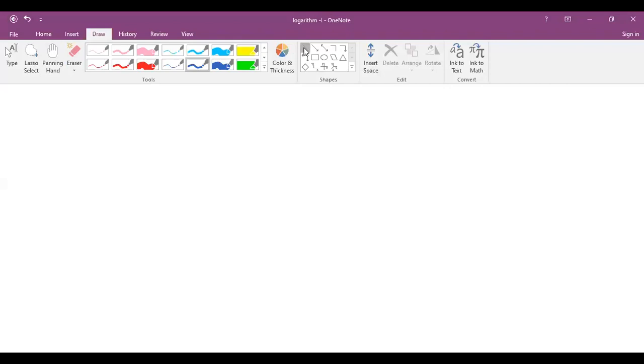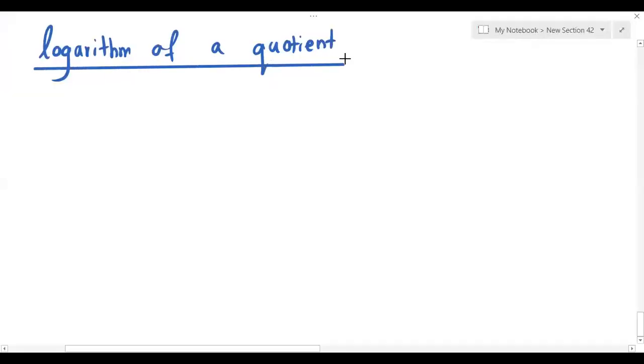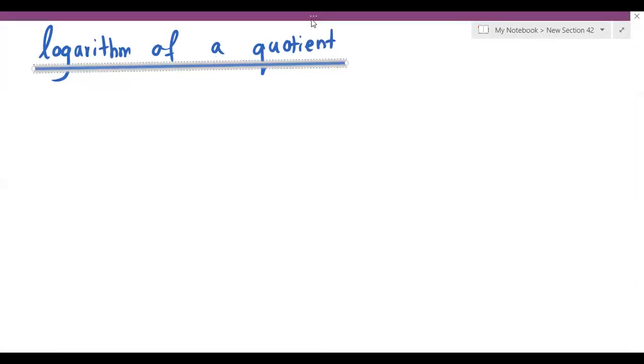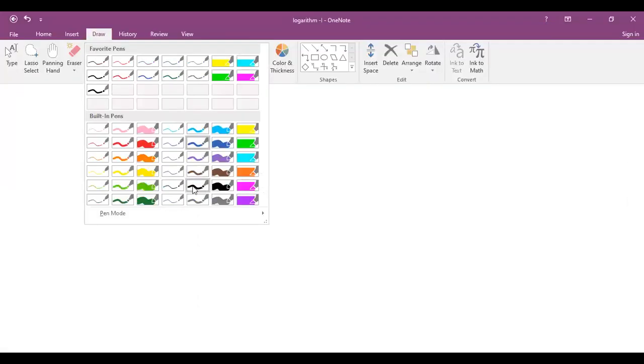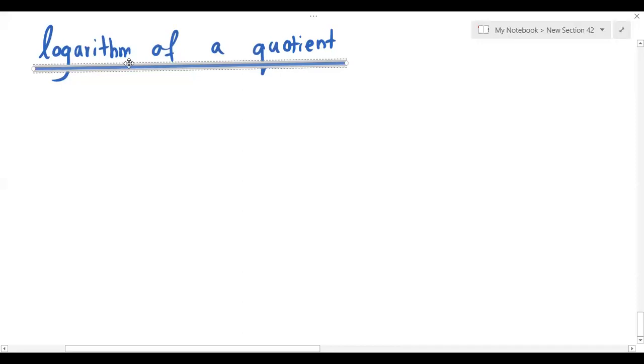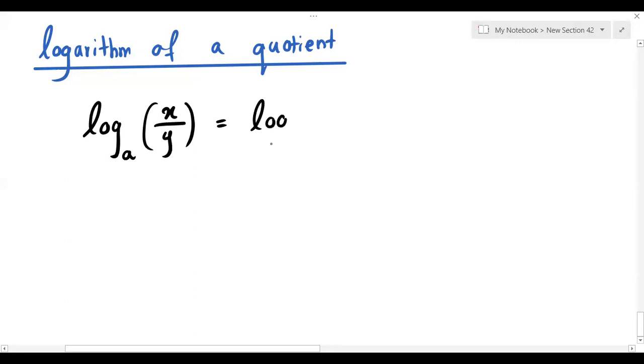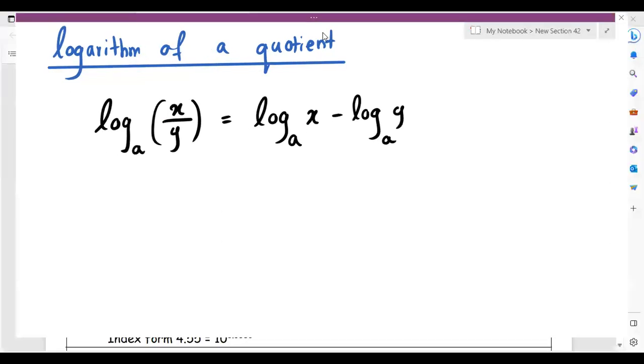It is the word that we use to name the division or expression of a division. Then you may think it is logarithm of x over y to the base a. This can be written as logarithm of x to the base a subtract logarithm of y to the base a.